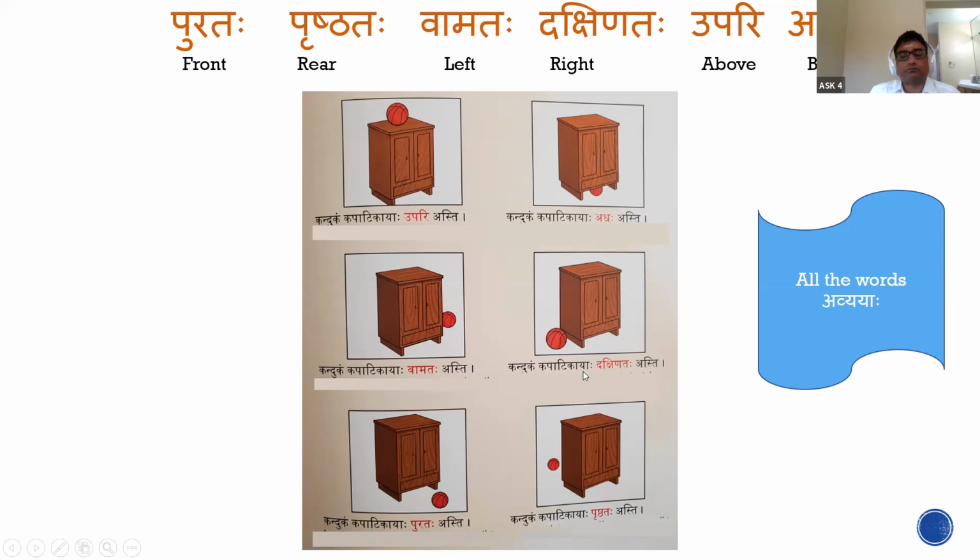Kandukam, Kapatikayaha, Dakshinataha Asti. Kandukam, Kapatikayaha, Purataha Asti. Kandukam, Kapatikayaha, Prishtataha Asti.